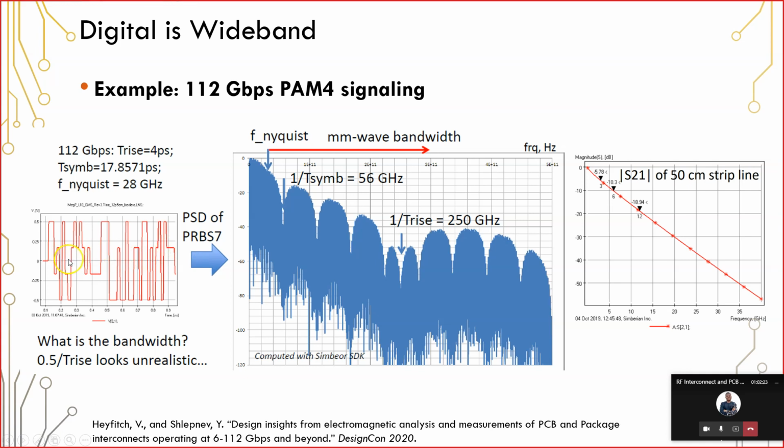This time domain signal, this pseudo-random bit stream, I should say, is being transformed into this power spectrum using a Fourier transform. We also care about the loss in these lines. The loss can be pretty considerable once we get out to very high frequencies. This is for a 50 centimeter line, so that's essentially 20 inches. This is a very long line.